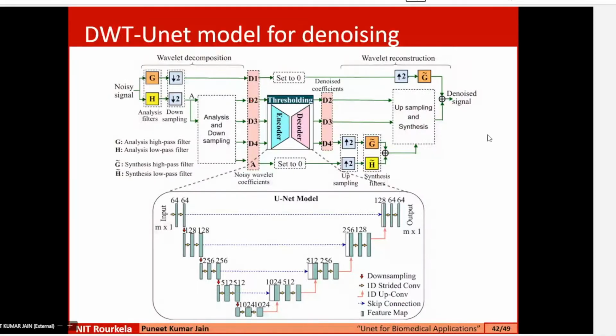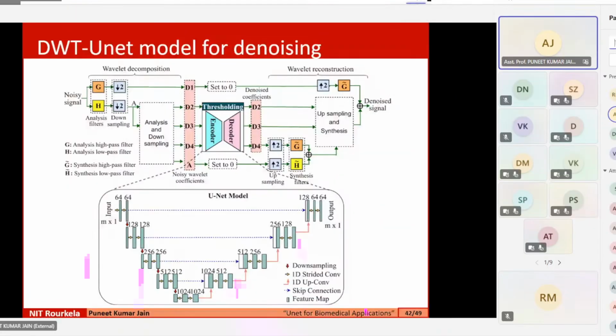That means whatever the size of the input coefficients, we are going to produce the same size of the coefficients at the output level, but the output would be denoised output, right? So the model will be trained for the noisy part corresponding to the denoised or the clean part. And after these denoised coefficients are obtained, the reconstruction phase can be applied to produce the denoised signal.